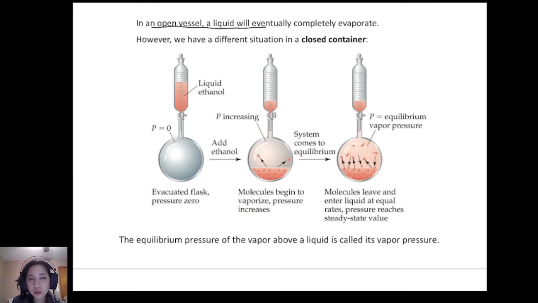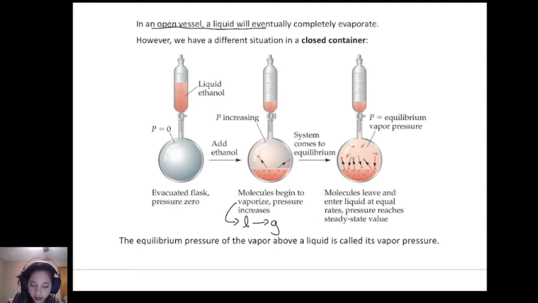Some gas will be formed, some liquid will be left behind, and since molecules are going into the gas phase, our pressure will start to increase in our vessel, and eventually that pressure will stop. So molecules begin to vaporize, pressure increases. Vaporize just means liquid to gas. Eventually, pressure increases and pressure stops changing.